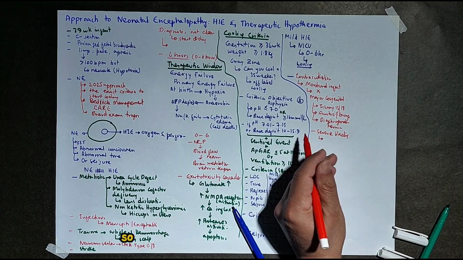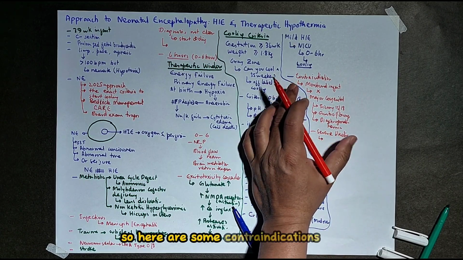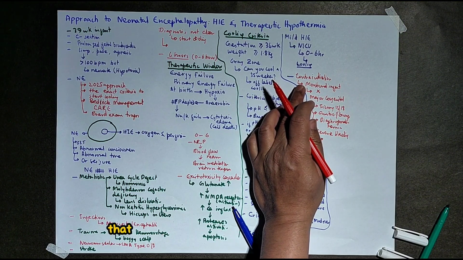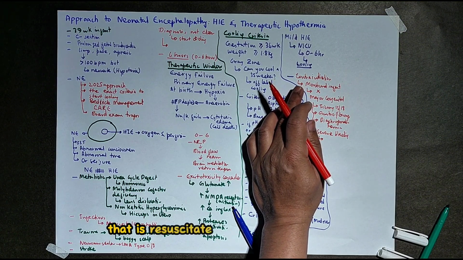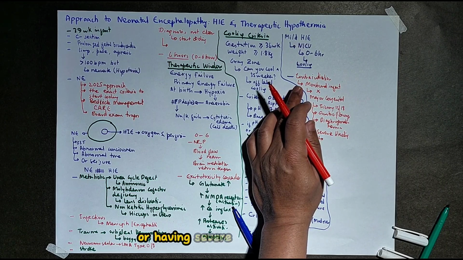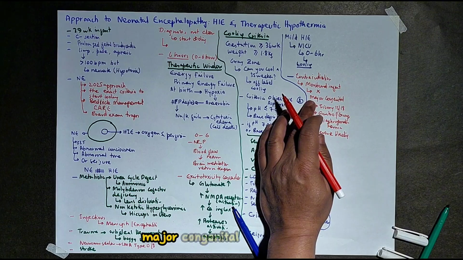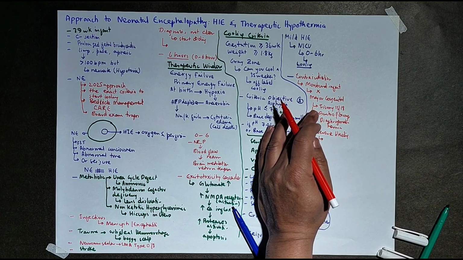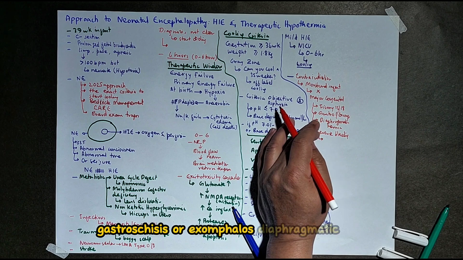So here are some contraindications. Number one is moribund infants, that is, resuscitated for greater than 20 minutes but still have no heart rate or have severe hypotension. Major congenital anomalies, for example, trisomy 13 and 18, gastroschisis or exomphalos, diaphragmatic hernia.